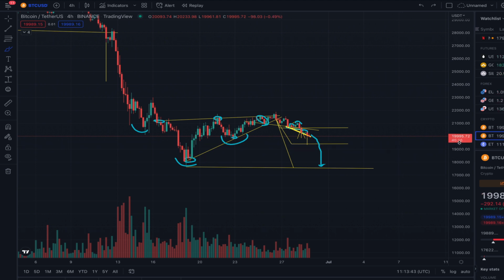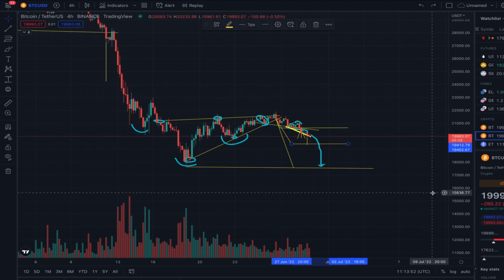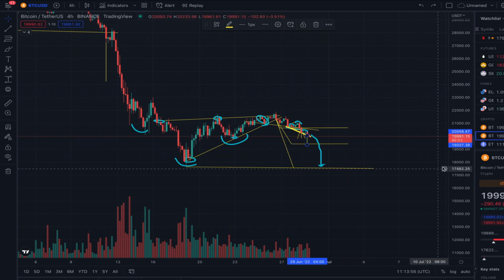And yes, BTC is now at 19,995, and it will most possibly go down to $19,400 and possibly extend to 19,337.